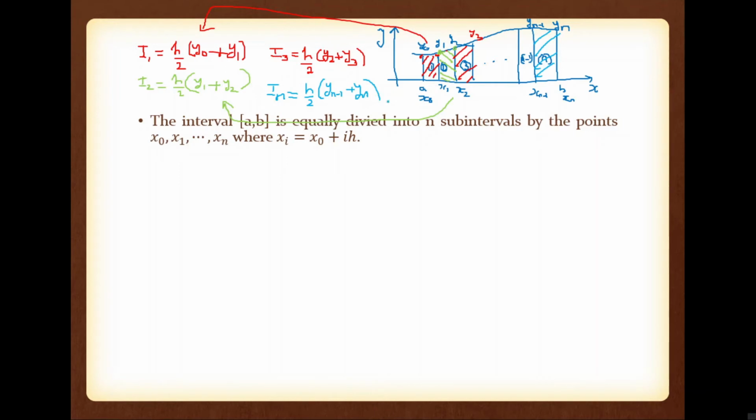Now we are going to consider the entire interval from a to b. If you are asked to find the area under the curve from a to b, what can we do? We can add the individual areas. Can we do that? Yes.